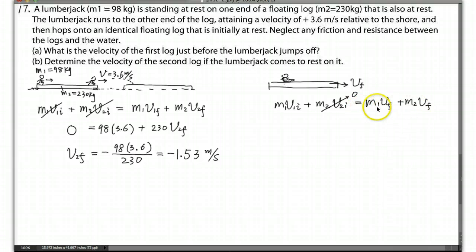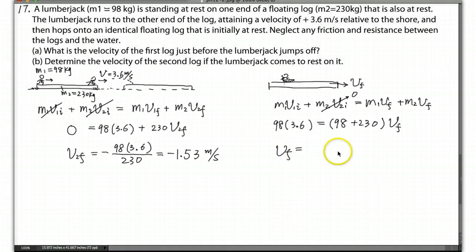Okay, and then you can factor v final out, so you would get m1 is 98, v1 initial 3.6, and then factor the v final out, so inside you get m1 plus m2, we'll replace them with numbers, 98 plus 230, and v final. Okay, easy to calculate this.